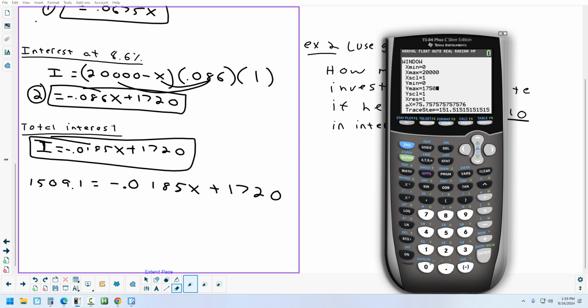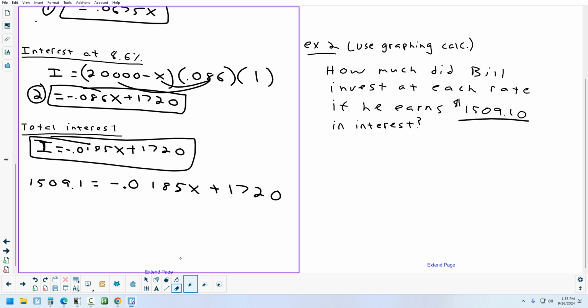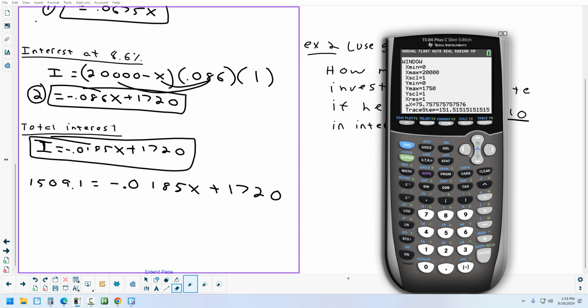And it has a negative slope. So it's going to cross the y-axis way up at 1,700 and it's going to come down. If you don't set it to 1,700, it won't be high enough. So there's our line for 1,509. There's the line with the y-intercept and the negative slope.